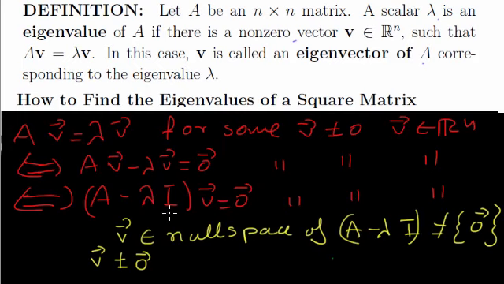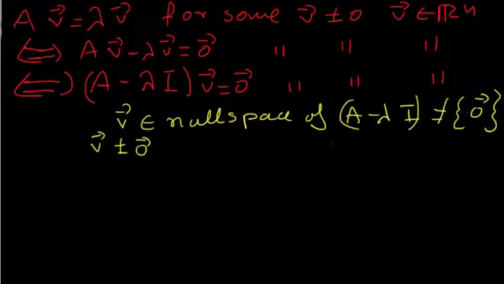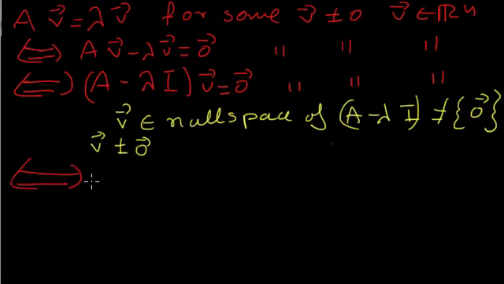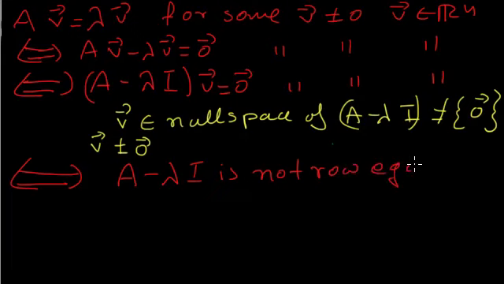If we reduce this to the row reduced echelon form, we would find some columns of that row reduced echelon form that do not have pivots. So that's equivalent to saying that A minus lambda I is not row equivalent to the identity matrix.